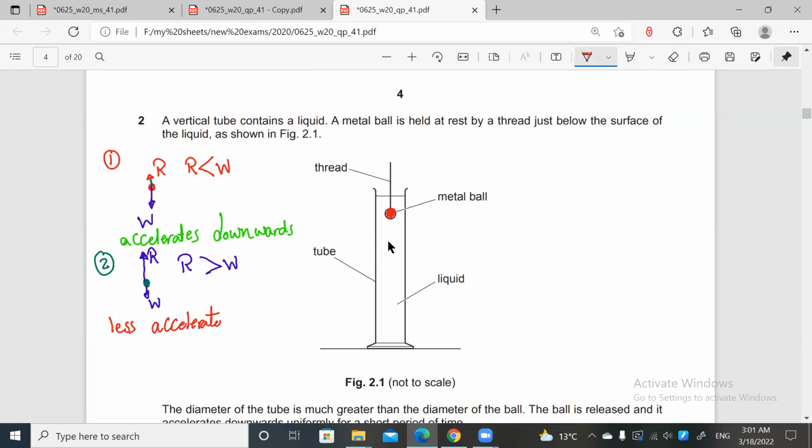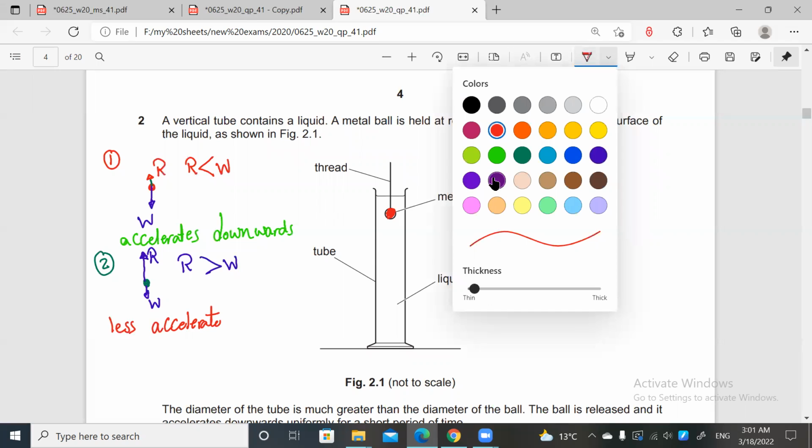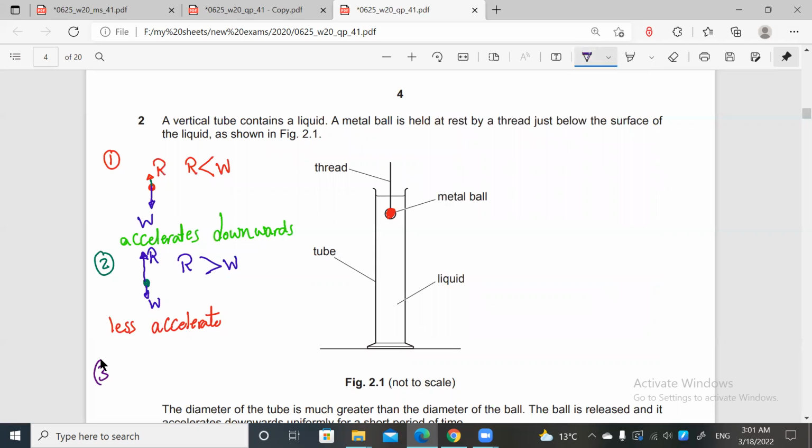Finally, the metal ball reaches a stage which is called terminal velocity. What does that mean? The two forces acting on the metal ball, the resistive force upward and the weight downward, become equal to each other.